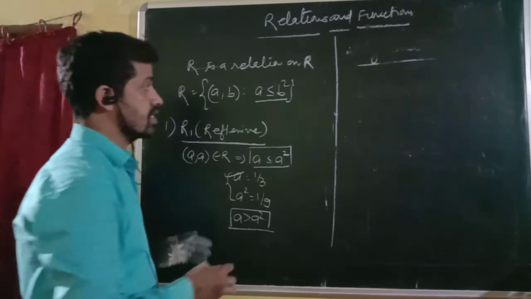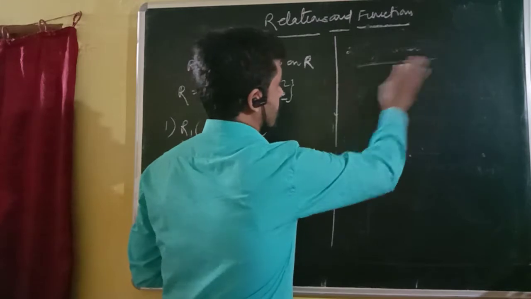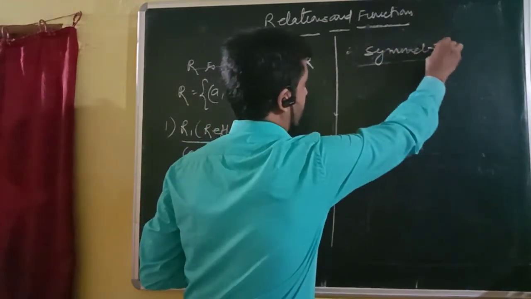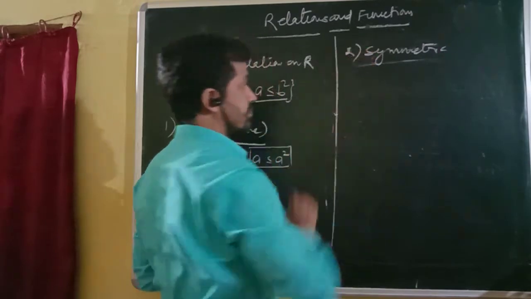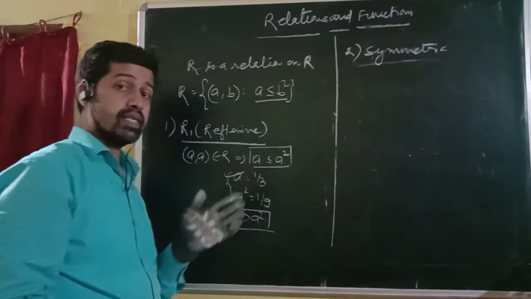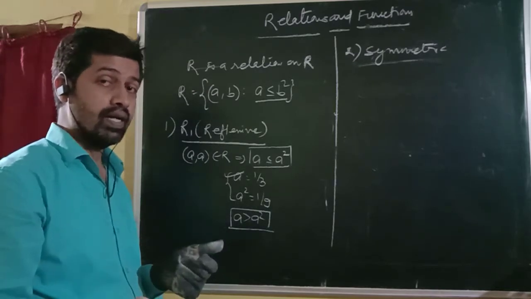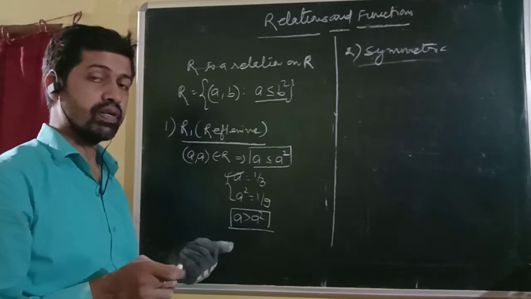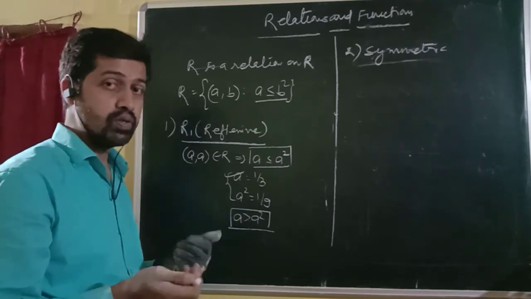Next one is symmetric. How to prove symmetric? Again, we take a counter example. The condition of symmetric is that A, B belongs to R, and then logically we conclude whether B, A belongs to R or not.